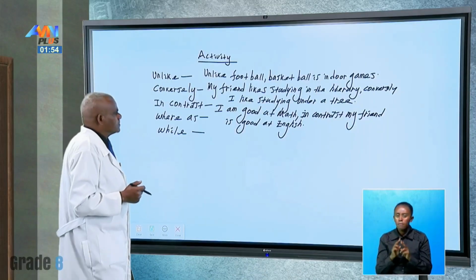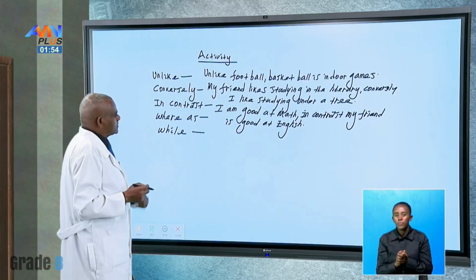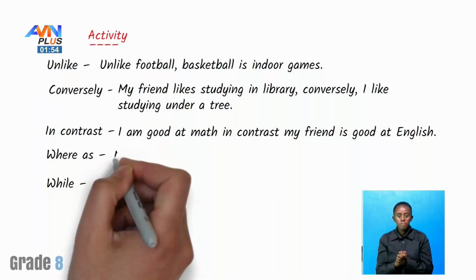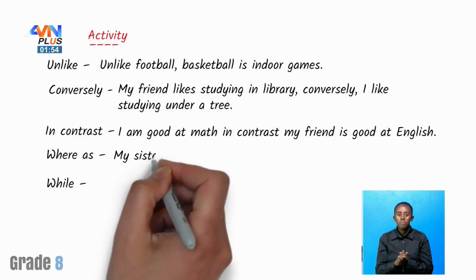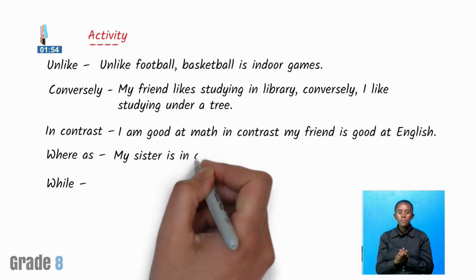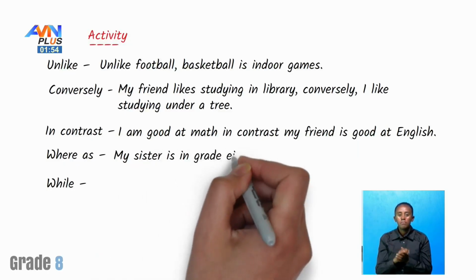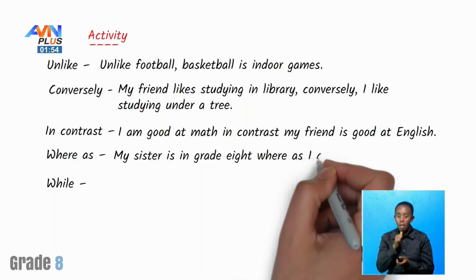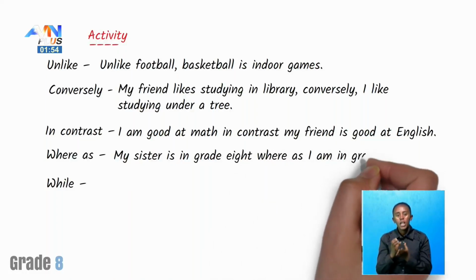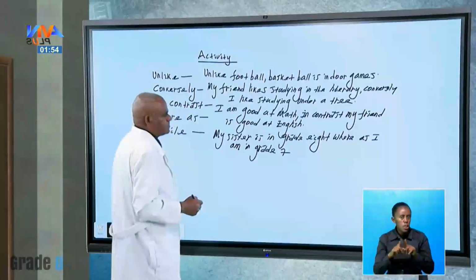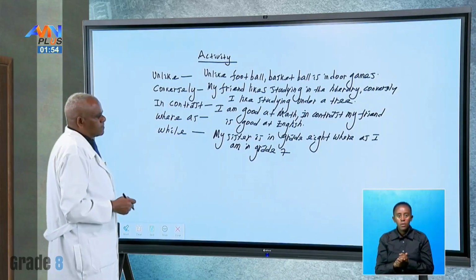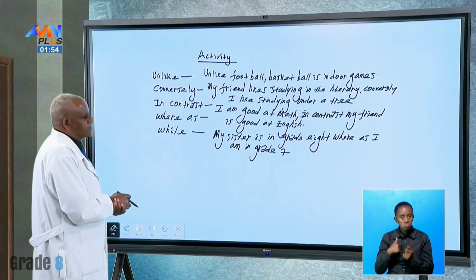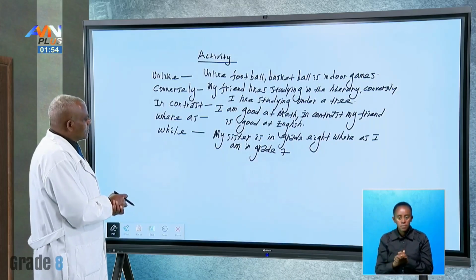Very interesting. Let's go. Whereas, my sister is in grade 8, whereas I am in grade 7. See? Different class. My sister is in grade 8, whereas I am in grade 7. Good.